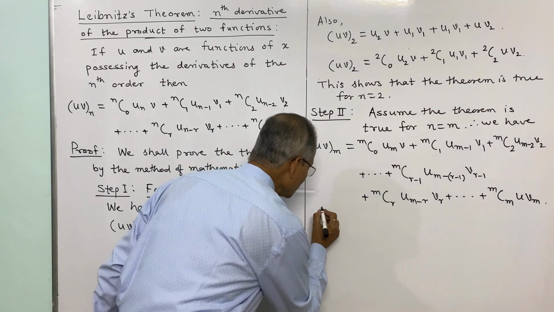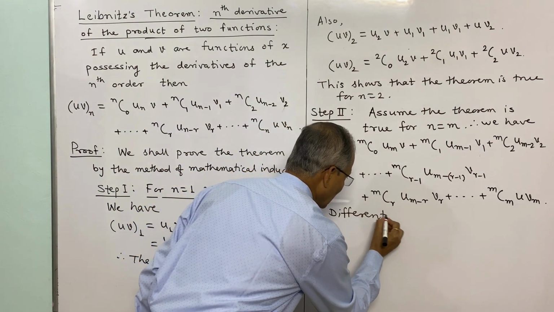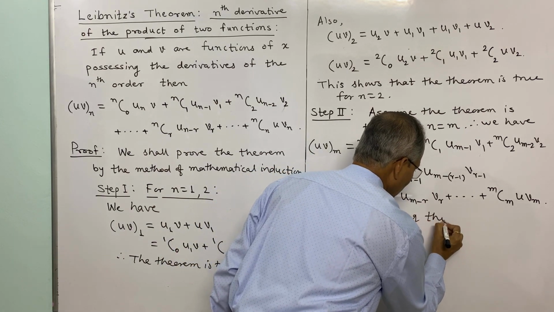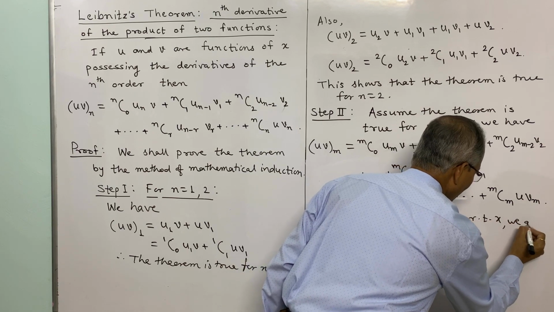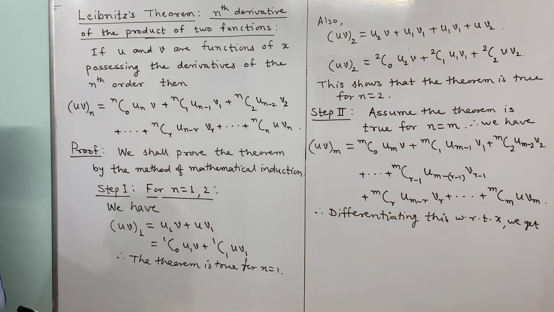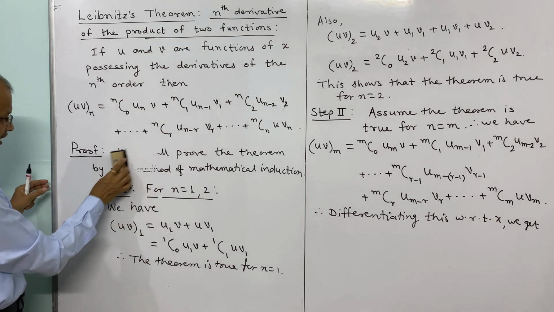So therefore differentiating this with respect to x, we get, now you see the derivative of this with respect to x. I shall write here. So this part we have done.